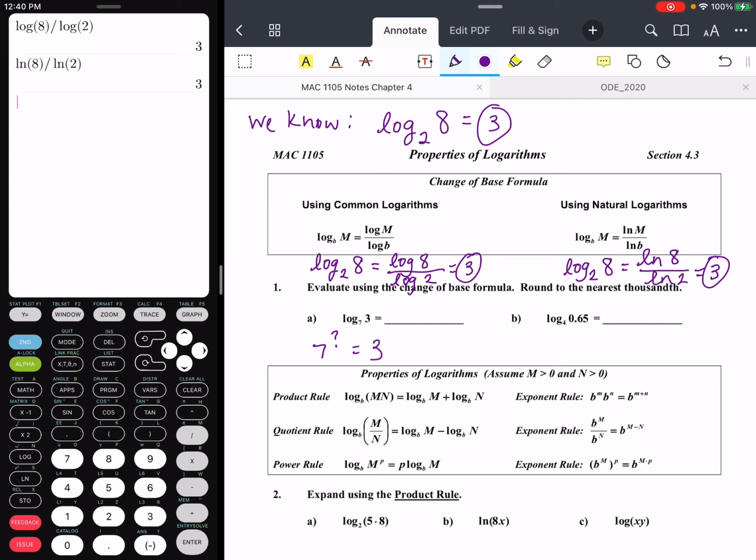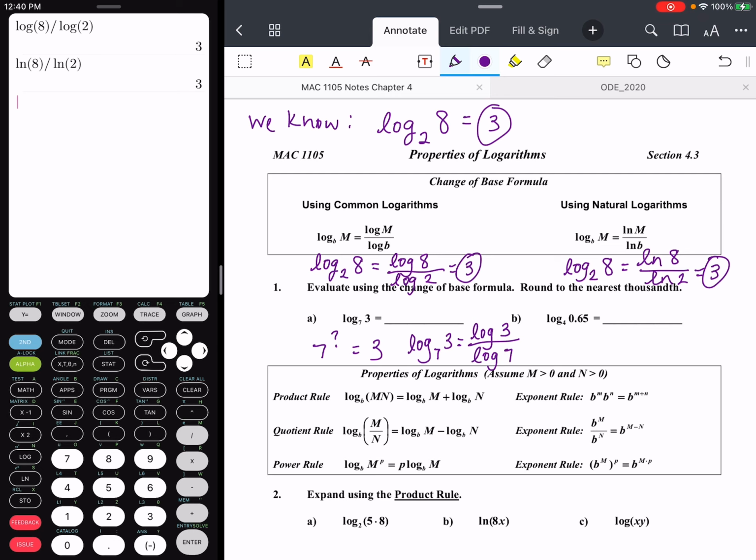So because I can't quickly and easily tell what the exponent is, like we did with log base 2 of 8, let's use the change of base formula. We can just use the common log version for this one, it doesn't matter. So log base 7 of 3 should be equal to common log of 3, the big guy, over common log of 7, the little guy.